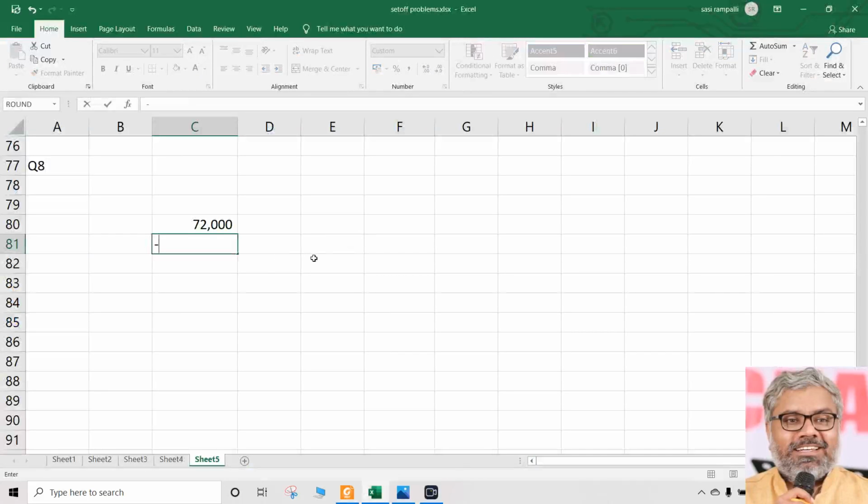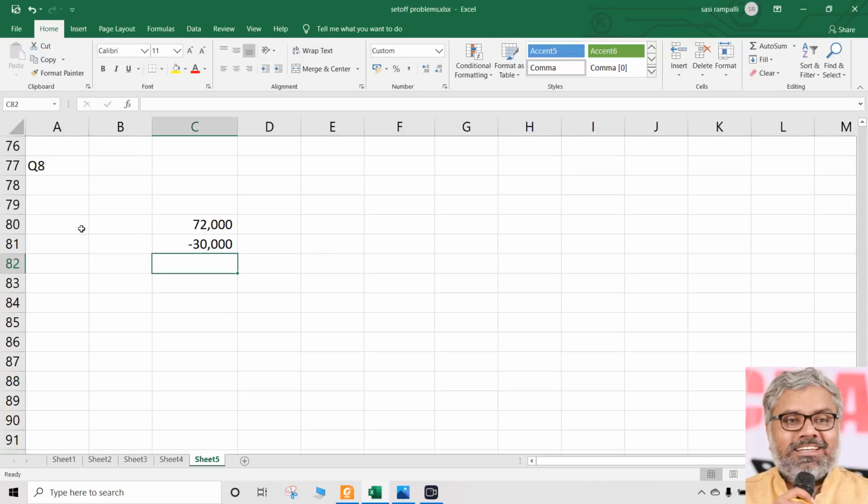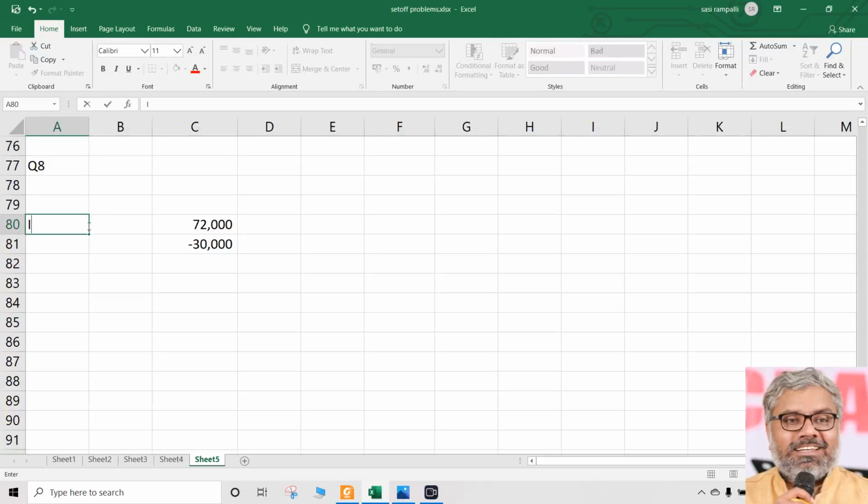So both can be done because it is intra-head only. There is no problem here. You don't need to wait till the end. So that is guaranteed, definitely to be done. So this is income from house property. Let us call this house 1. This is house 2.